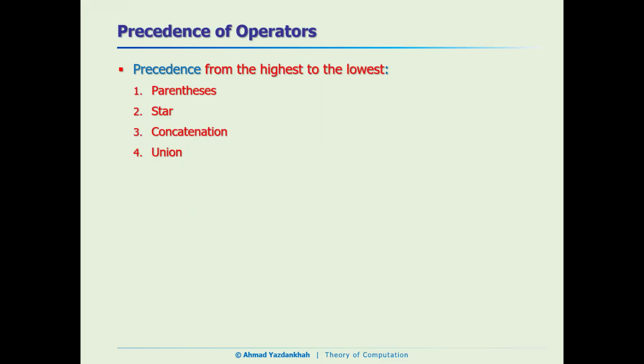Based on this list, the parentheses, as usual, have the most precedence, then star, then concatenation, and at the end, union. So, for example, if we have such an expression, then based on these precedences, since there is no parenthesis here, the next one will be the star. So this has more precedence, and then the concatenation, and at the end, the union.